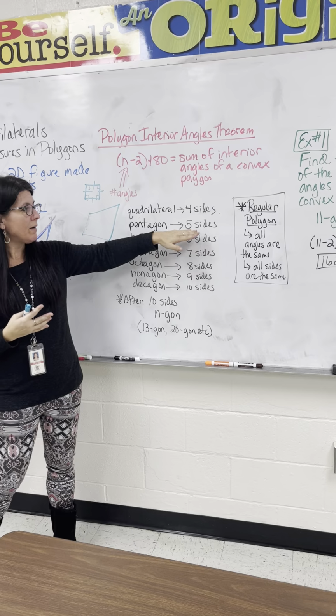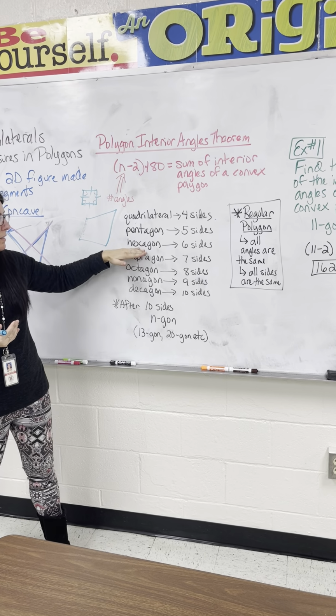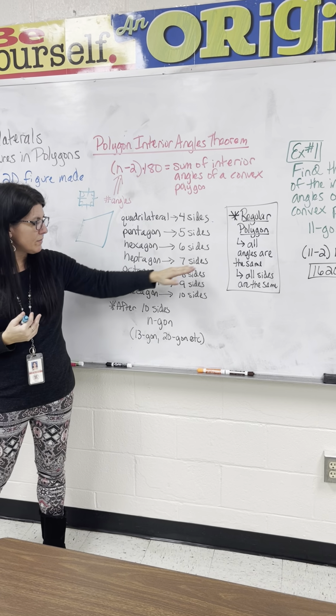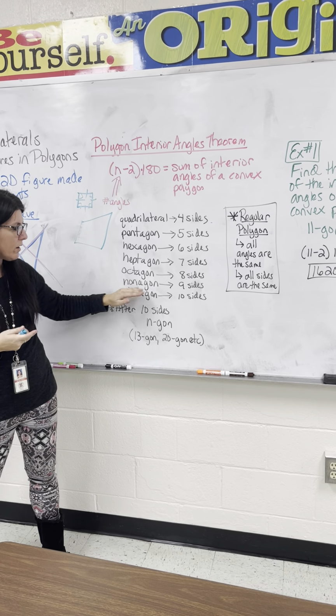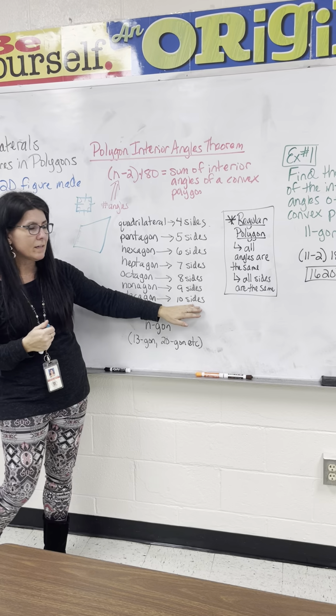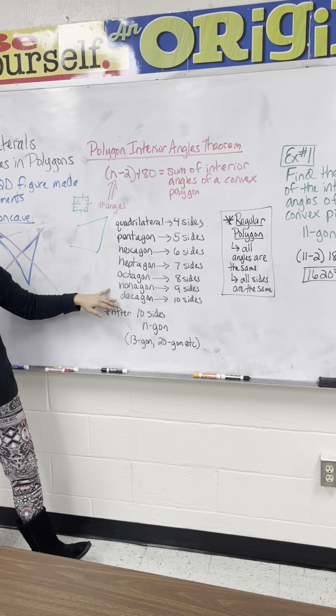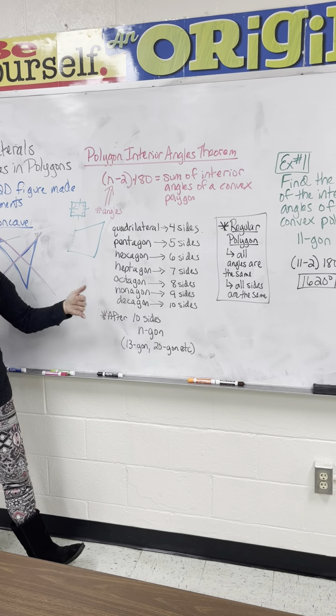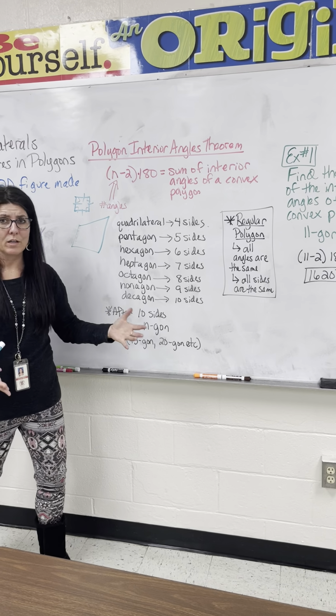Pentagon, it's any five-sided polygon. Hexagon, any six-sided polygon. Heptagon is 7 sides, octagon is 8 sides, nonagon is 9 sides, and decagon is 10 sides. Now after that, if you Google it, there are actual formal names for every sided figure: 11-sided, 12-sided, 18-sided, 23-sided.